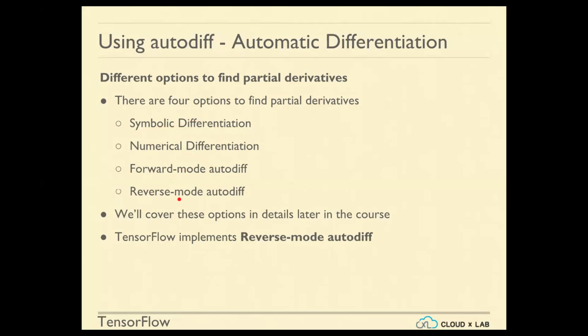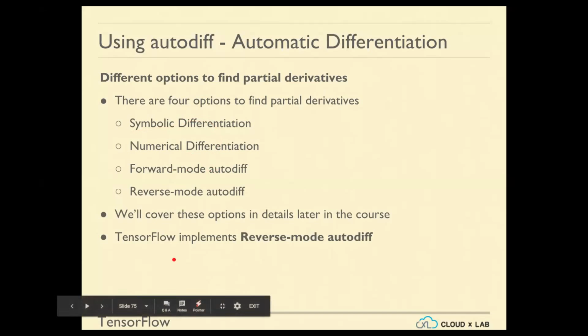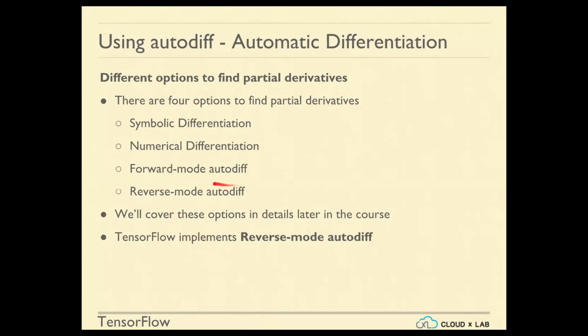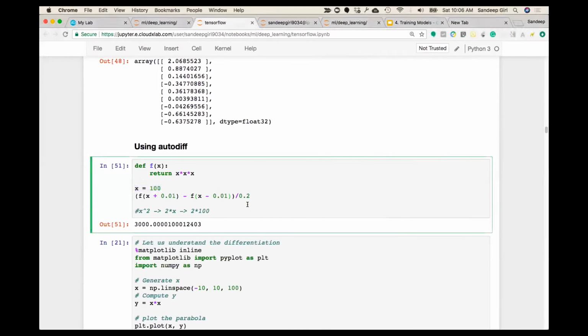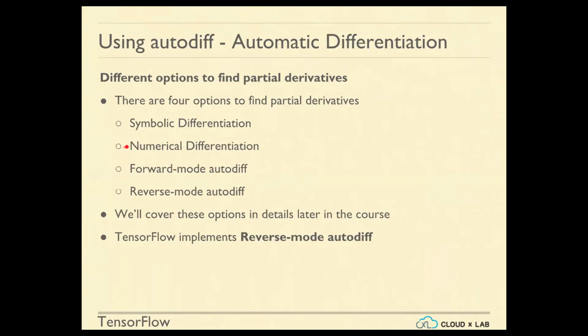TensorFlow internally implements reverse mode autodiff, which is on a similar line as what we just did, very similar to normal numeric differentiation. The idea with these three is that without knowing the formula, without knowing what is inside the function we are trying to differentiate, we should be able to differentiate.